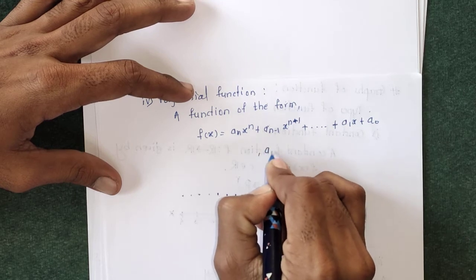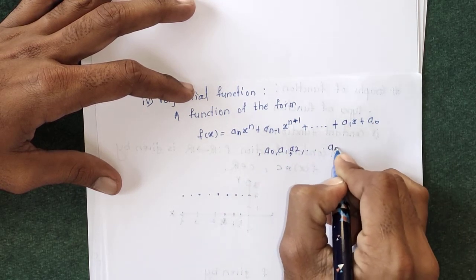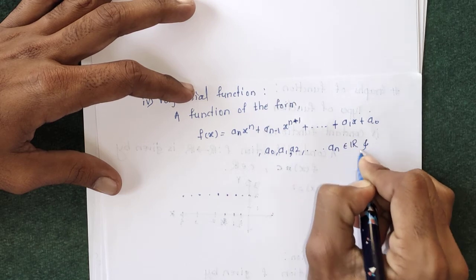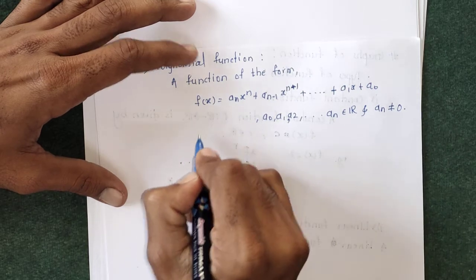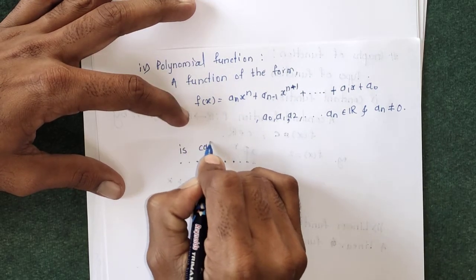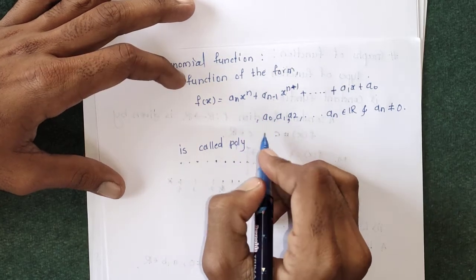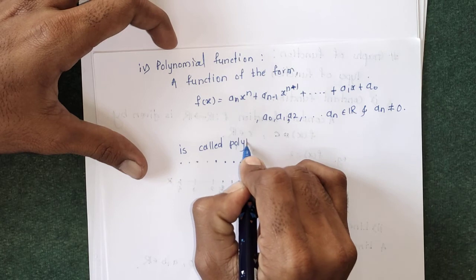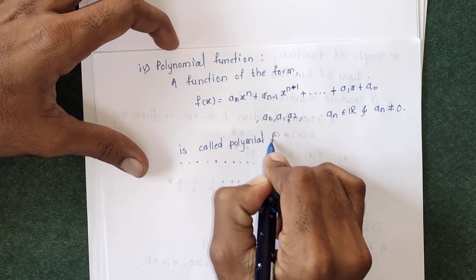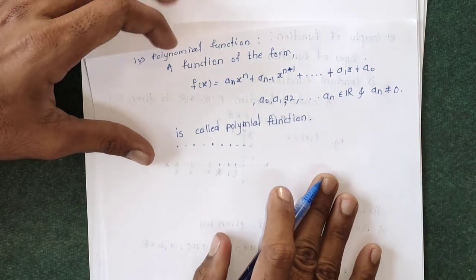It is called a polynomial function. We are familiar with these functions since 11th and 12th, when we studied polynomials.